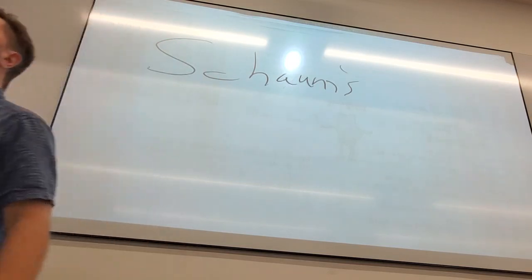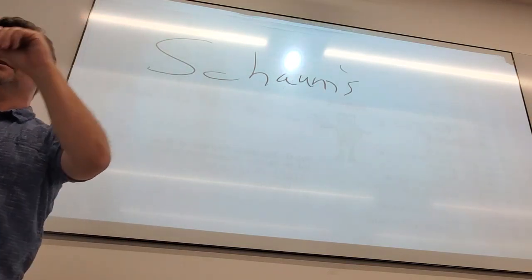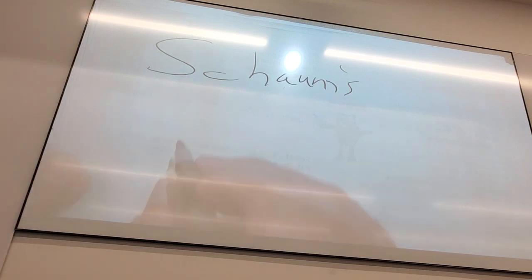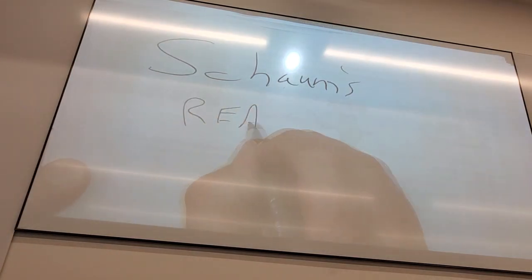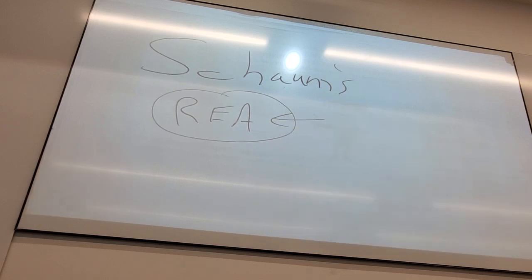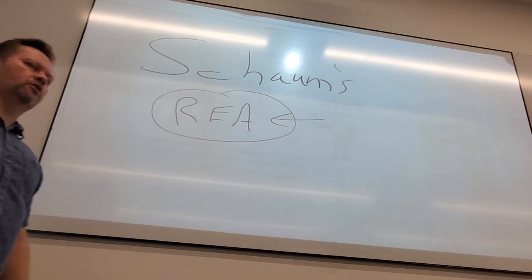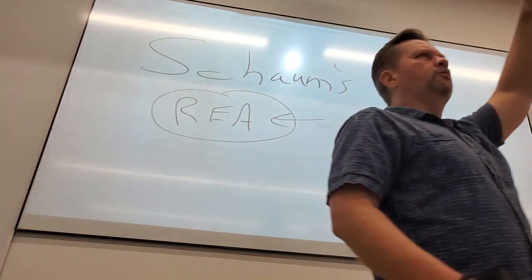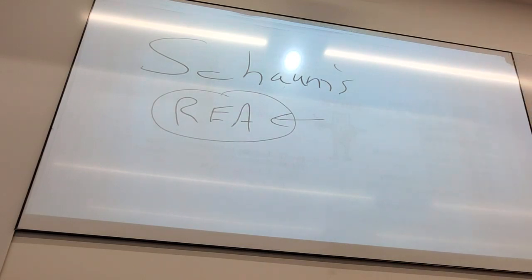There was another one, so Schaum's and this other one, REA. I'm not sure if they're going to have it, they might, but REA normally has higher level stuff. REA is just this giant book of problems and then solutions. It's insane. So between those two, plus study groups, that's what got me through grad school, for example.